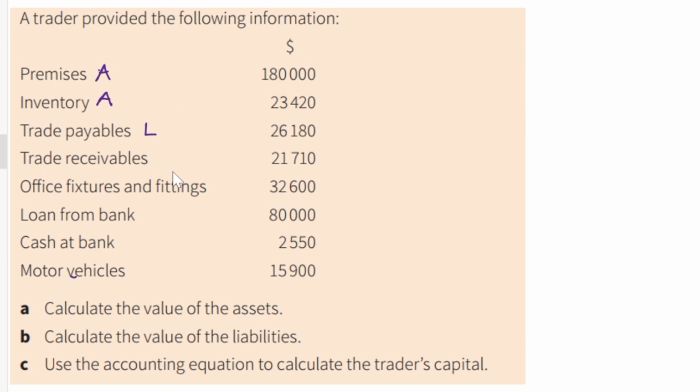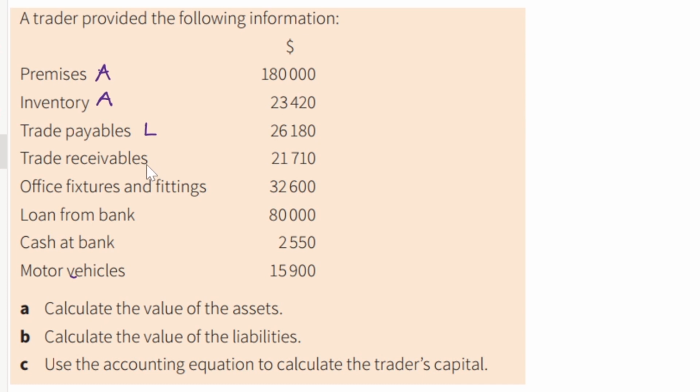Then we have trade receivables. It's the opposite of what I've been talking about. If you are in your business and people come and buy stuff from you on credit, it means that you expect money from them. You expect to receive money from them in settlement of their debts.